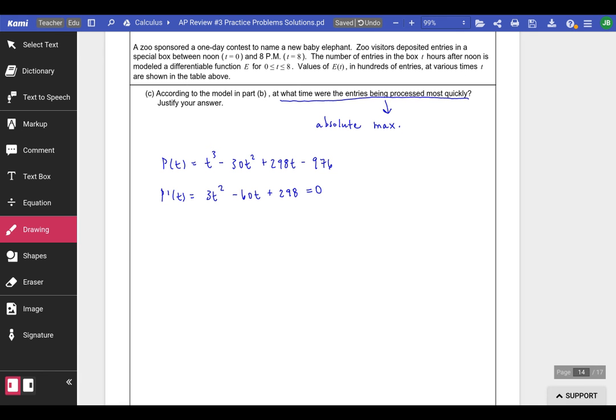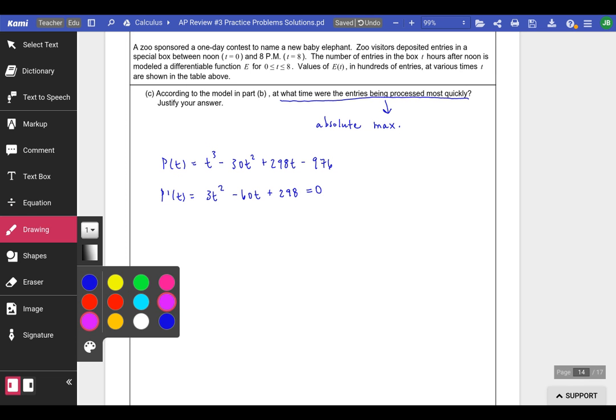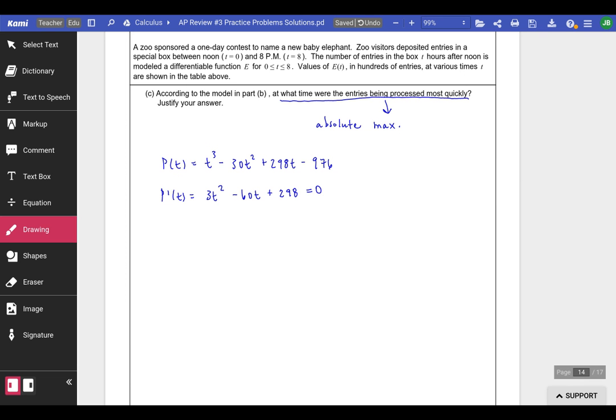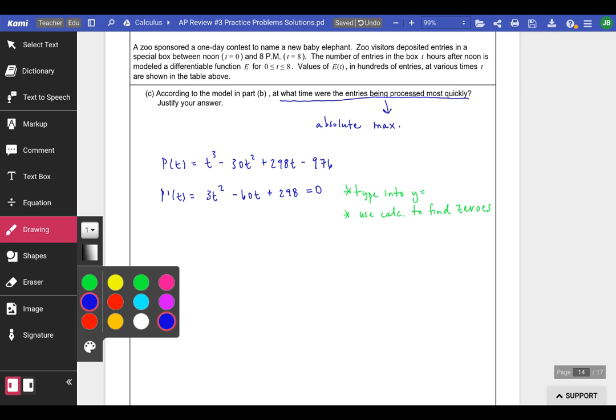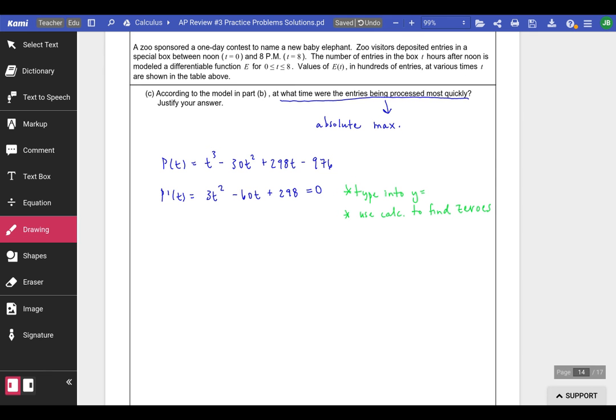I'm going to make some notes here since I can't show you on the screen: type into y equals, and then use the calculator to find the zeros. If you're having trouble with any of this calculator stuff, please reach out to your teacher so you're clear on how to do that come test day.